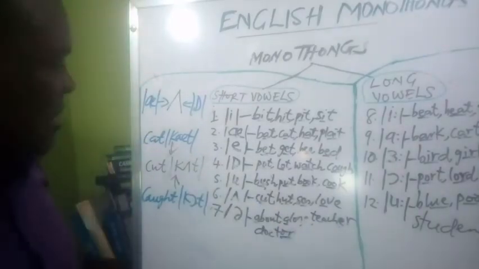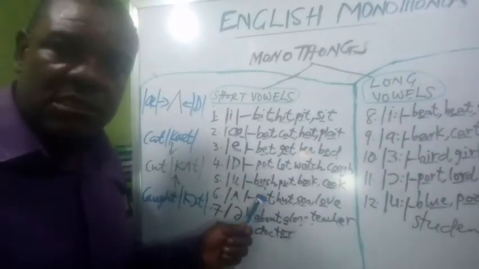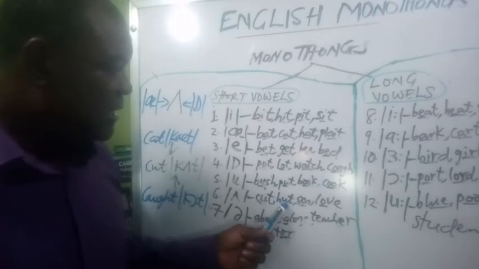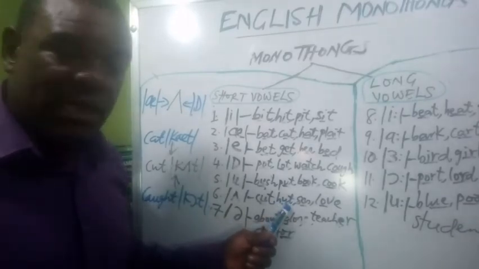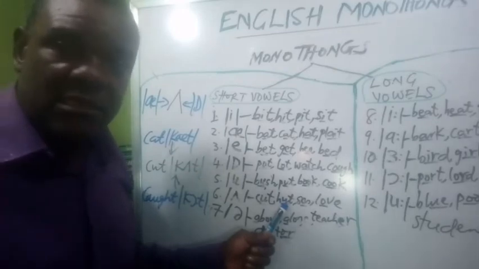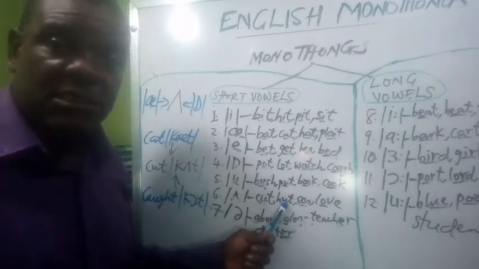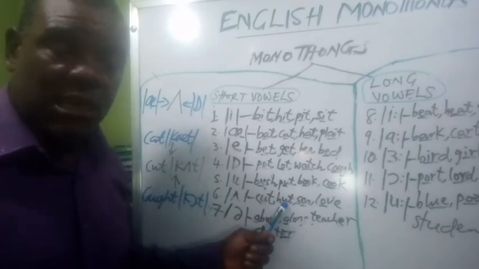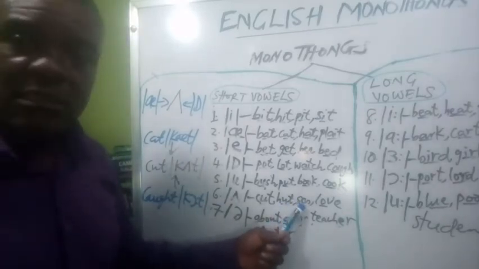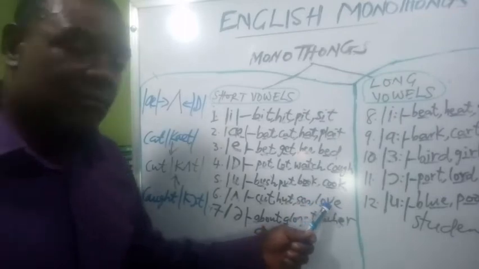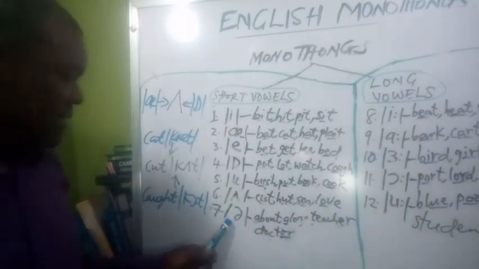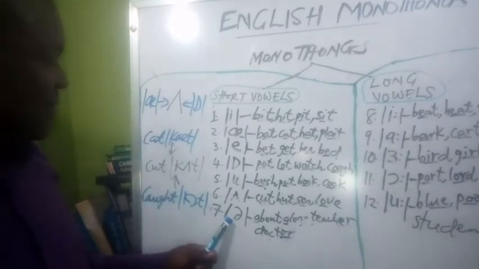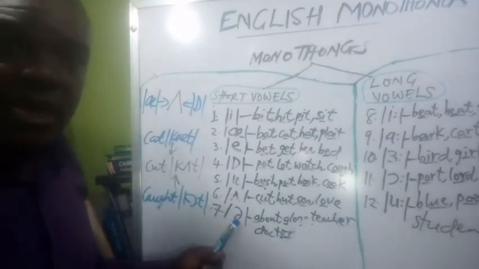Let's go through these words: cut, hut. The old woman lives in a hut. It is not hat, it is not hot, it is hut. Son, love.